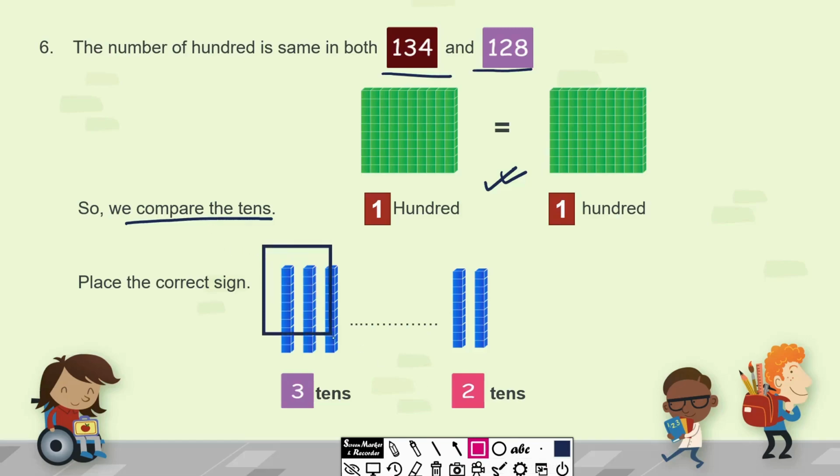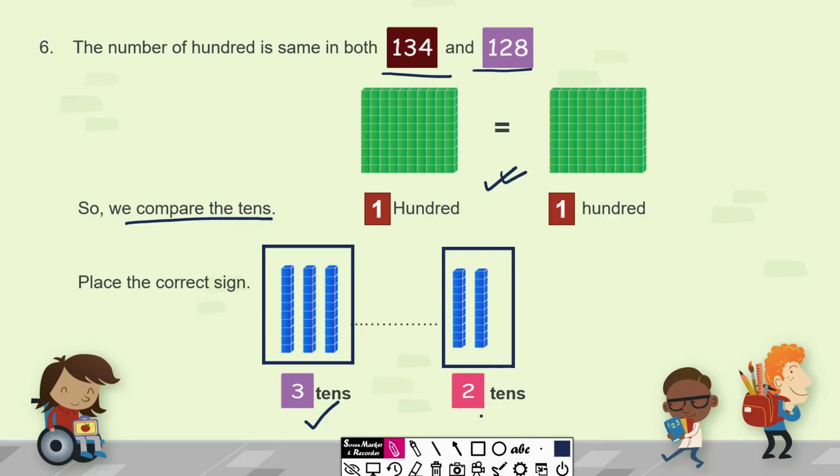These 3 rods means 3 tens, right? And these 2 rods means 2 tens. So, obviously, 3 tens is greater than 2 tens, right? This is equal to 30 and this is equal to 20.